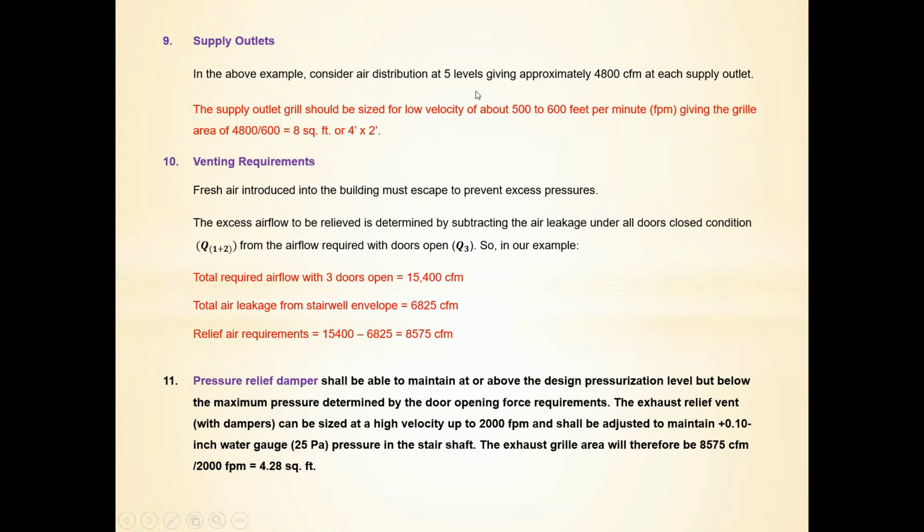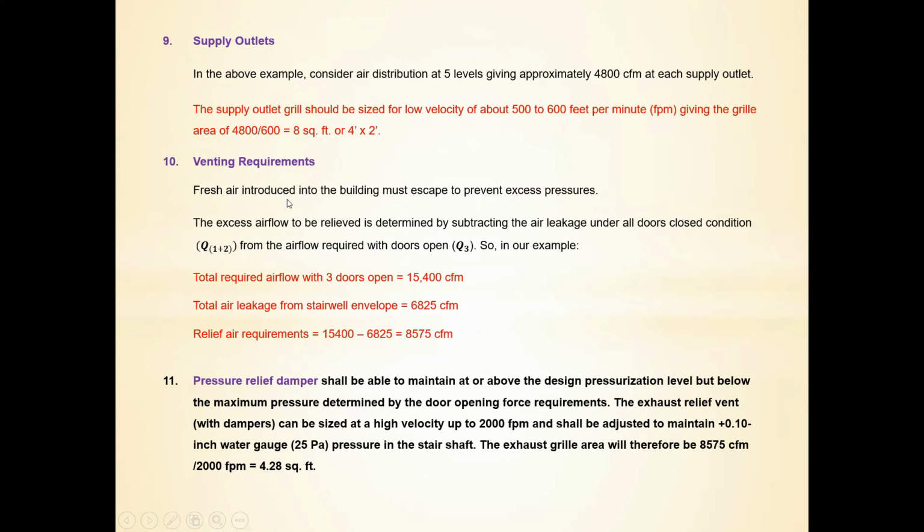Suppose we have the 5 floors, that means we are supplying around 4,800 CFM at each supply outlet, and we need to maintain a velocity of around 500 to 600 for selection of the supply outlet grill. So we can give an outlet size of 4,800 divided by 600, that is 8 square feet, or an aspect ratio of 4 feet by 2 feet grill can be given.